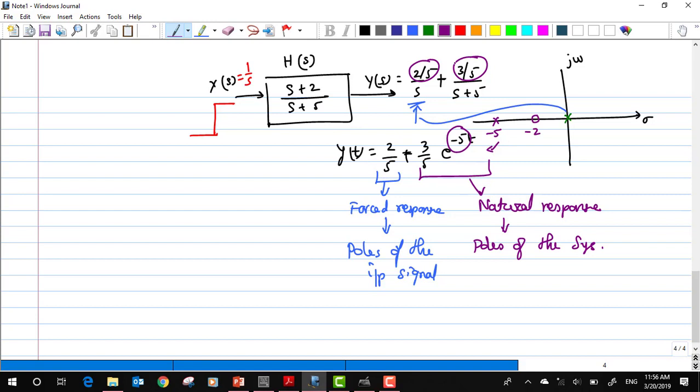So it is both poles as well as zeros. The magnitude part, which is 2 by 5 or 3 by 5, is basically defined by both the poles and the zeros. There is nothing like specifically from the poles of the system or specifically from the poles of my input. Clear? So let me summarize these statements.